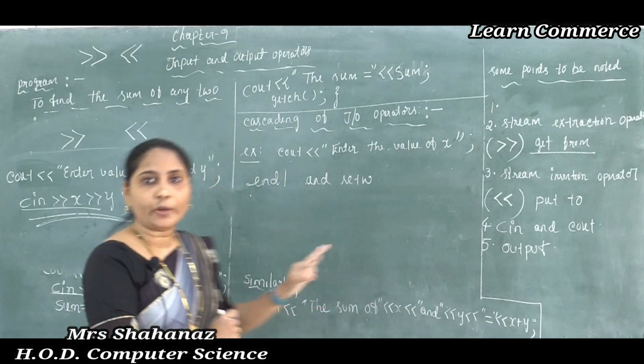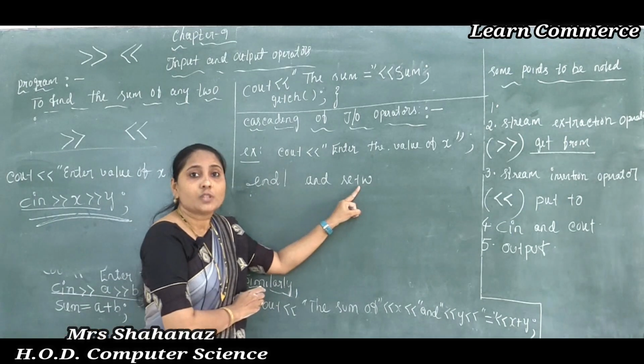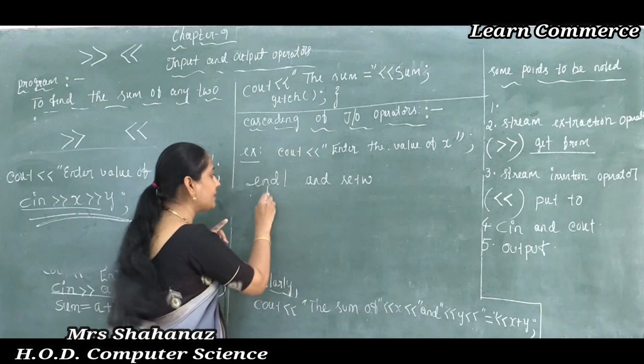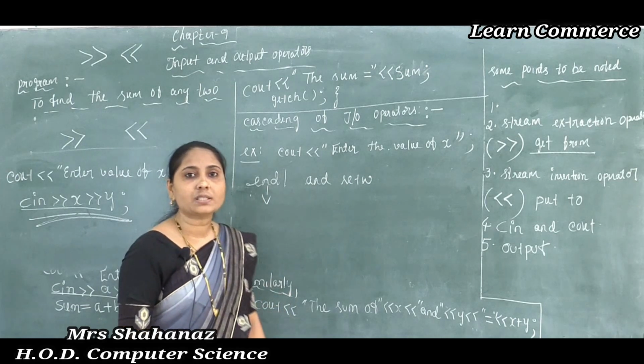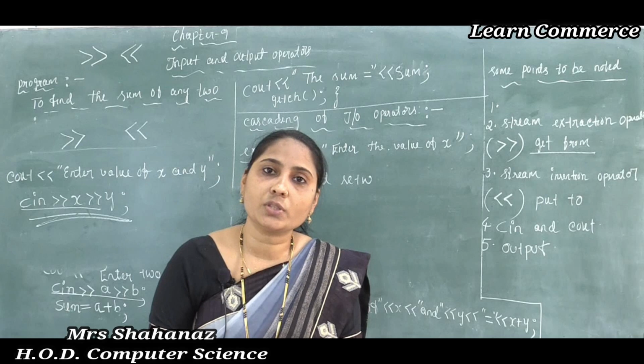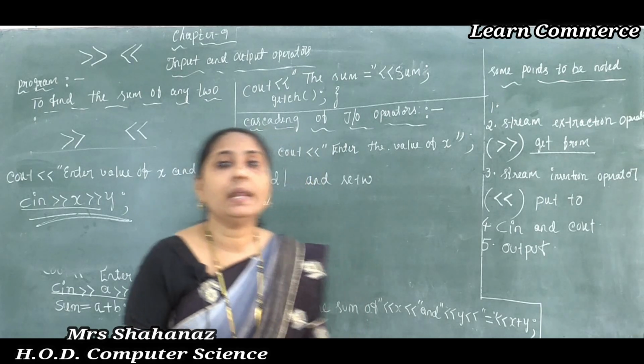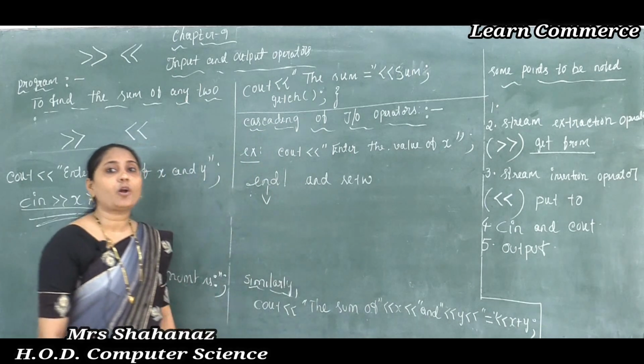Some of the manipulator operators are endl and setw. Why are we using endl? The meaning of endl is that it works like the escape sequence \n. What is the use of \n? As we know, it performs a line break on the output.